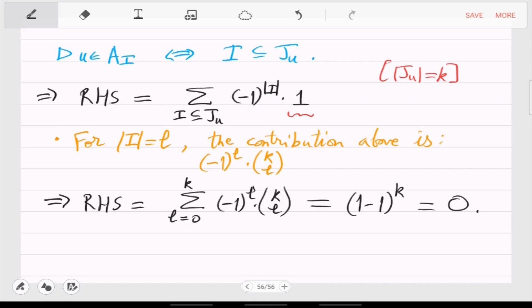Right, and this is the reason why you get 0. So you don't need the exact set J for this. Just by the sizes it actually matches up. Okay, and this trick will appear in many other proofs.